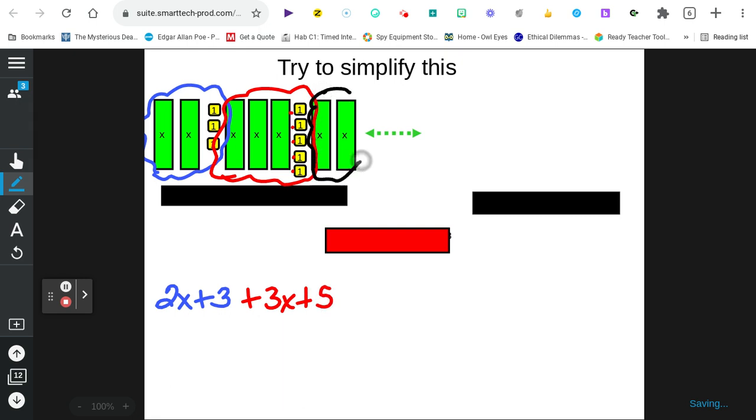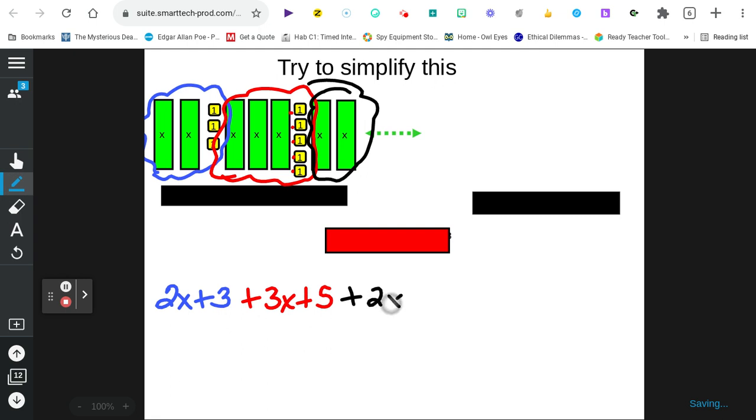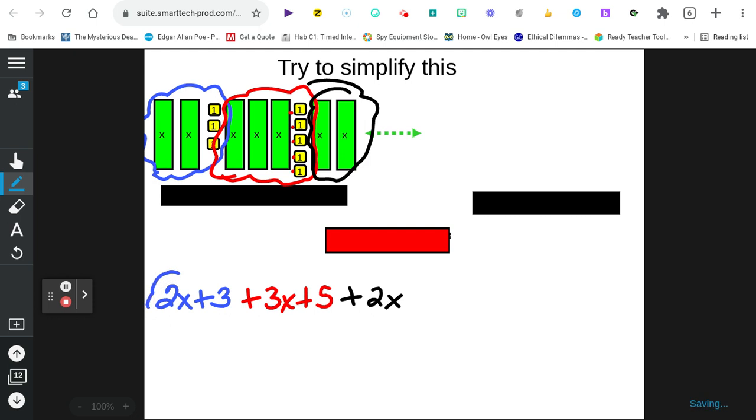And the last set is simply 2x's and no constants. So you have several like terms here. You have your 2x's, three more x's, and they're all positives, or they all go to the right.